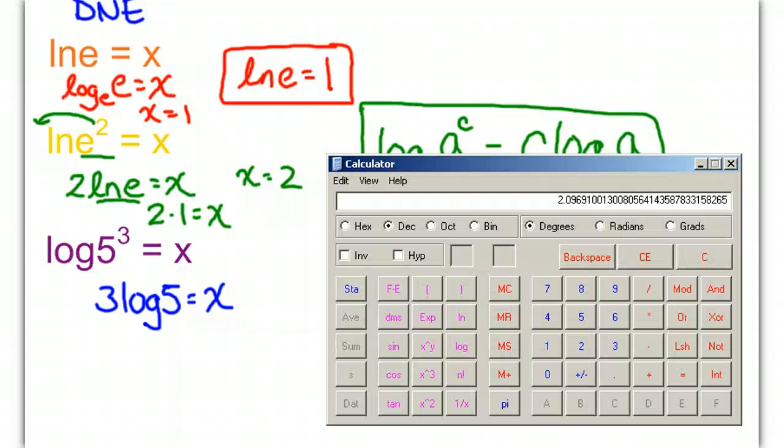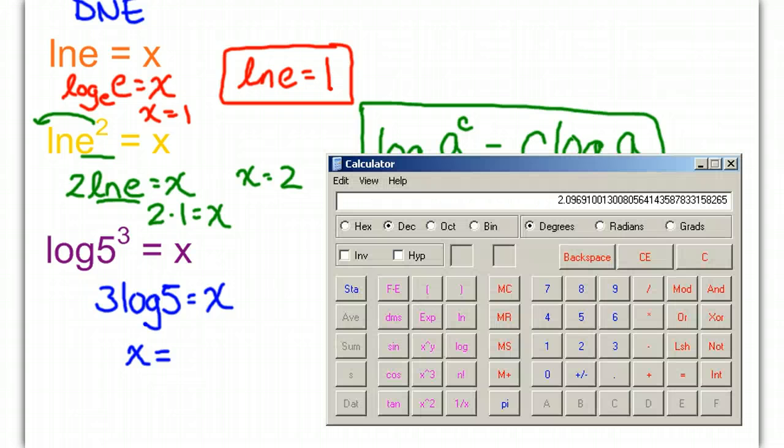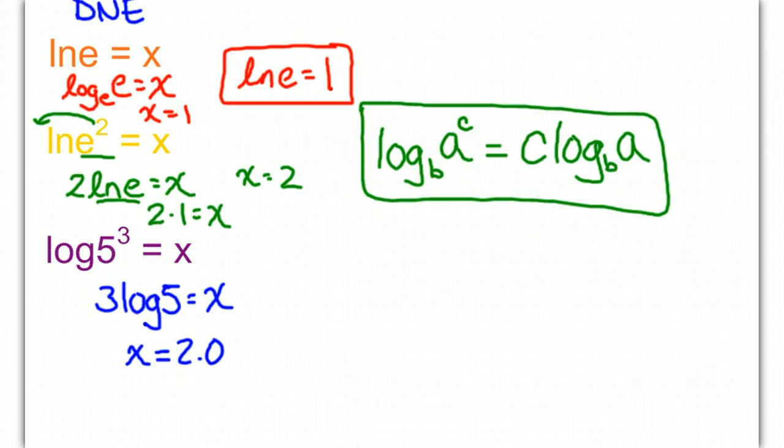So if we type it into our calculator, we get x equal to 2.0969. And we'll just say that's approximately.